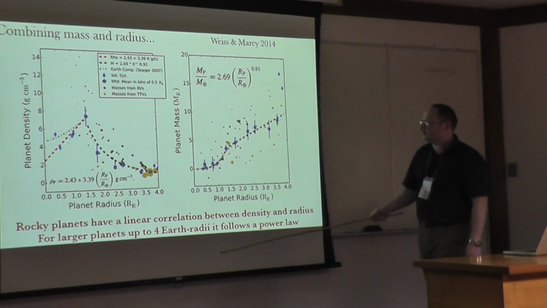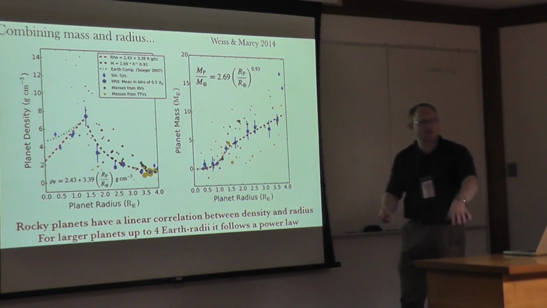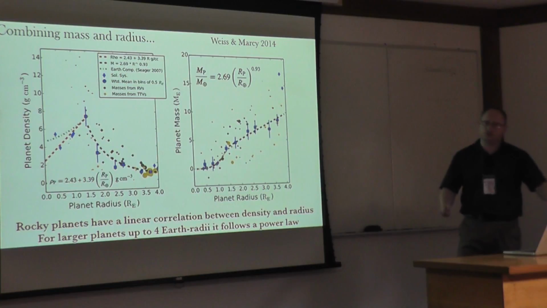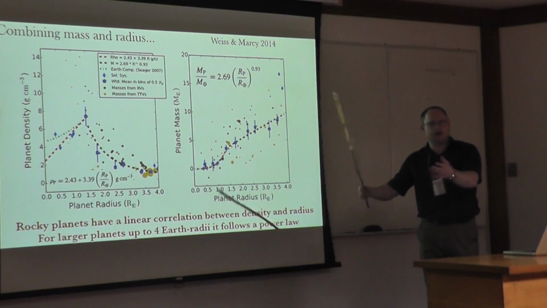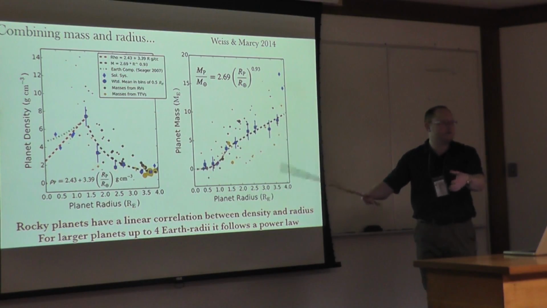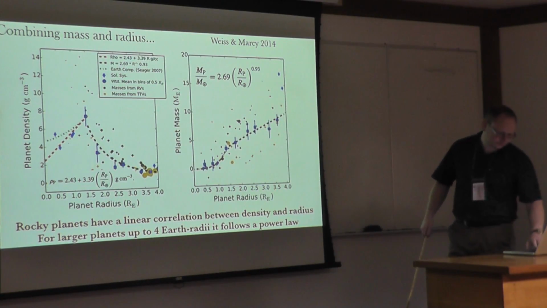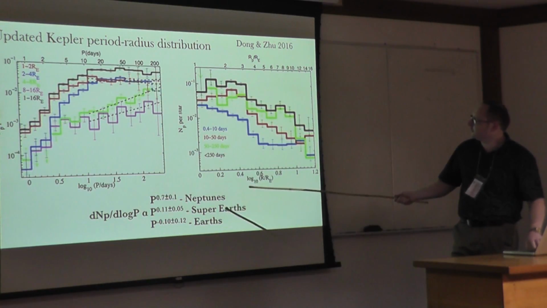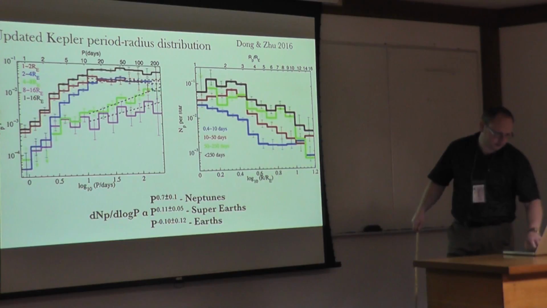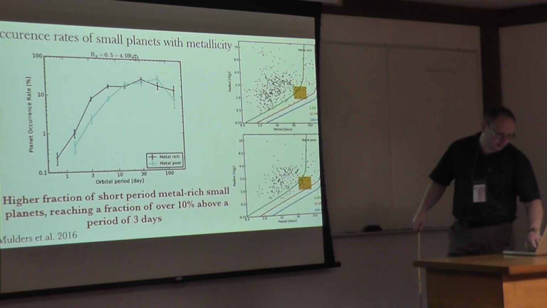You're in that regime for being rocky. So anything below that, 3, 2, we can say pretty definitively it's rocky. Anything above that has a higher probability of being gaseous, and probably is gaseous. These are updated occurrence rates. I think that'll be talked about actually this afternoon.